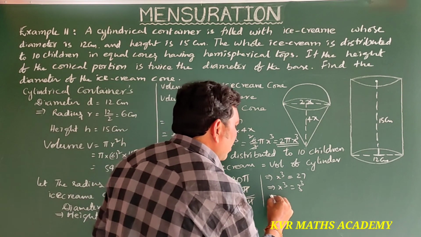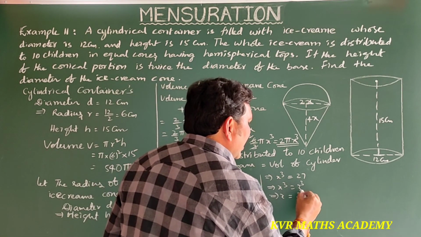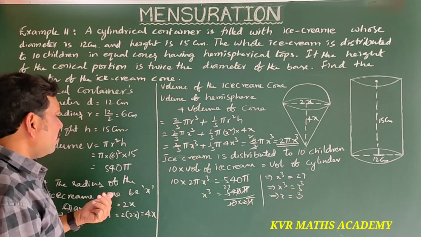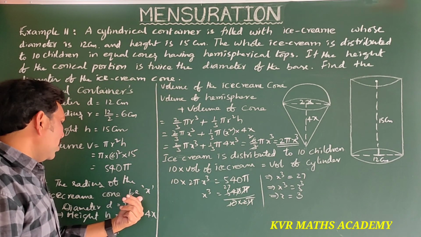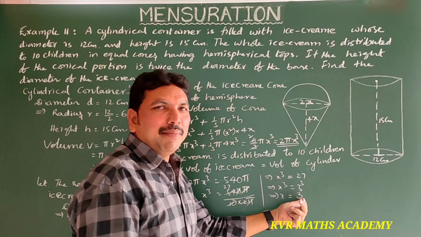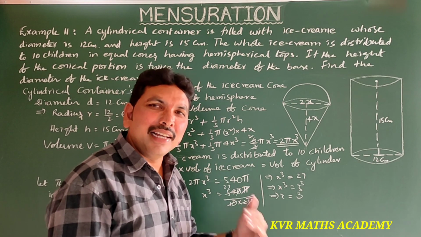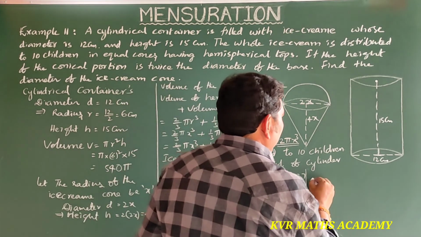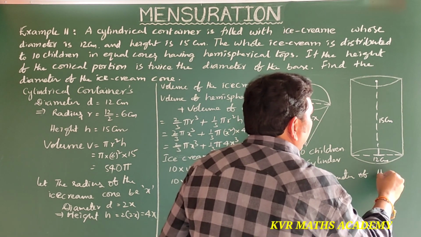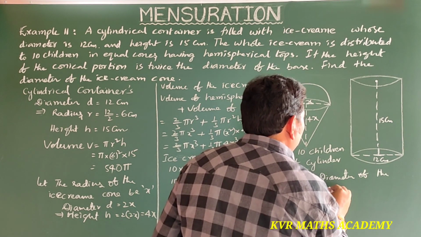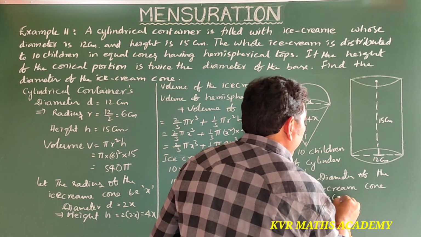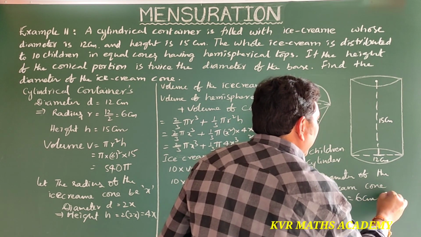So x is equal to 3. Here x is the radius of the ice cream cone, so the radius is 3 centimeters. Then the diameter is exactly 6 centimeters. Therefore, the diameter of the ice cream cone is 2 into 3, 6 centimeters.